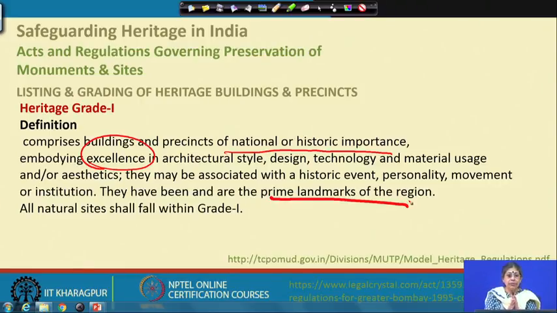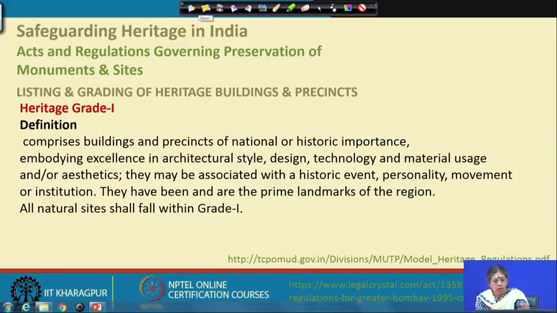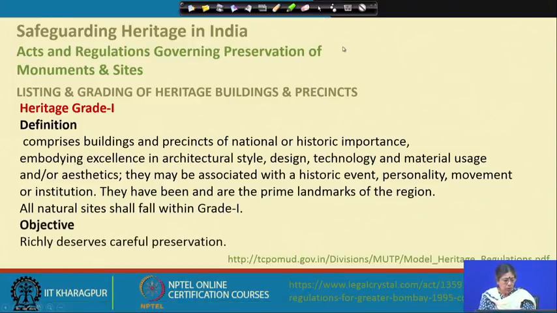So, this definition is very important, because again and again I am saying all the structures cannot be of the same value. As we have discussed value, different types of values are also integrated as a part of the definition. Now, what is the objective? The objective is saying it richly deserves careful preservation.